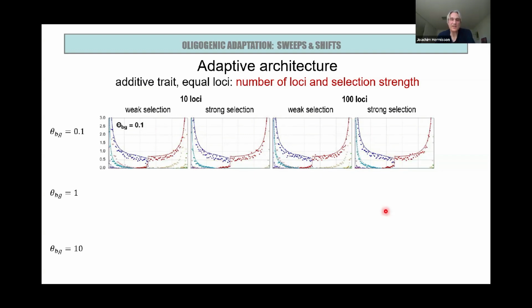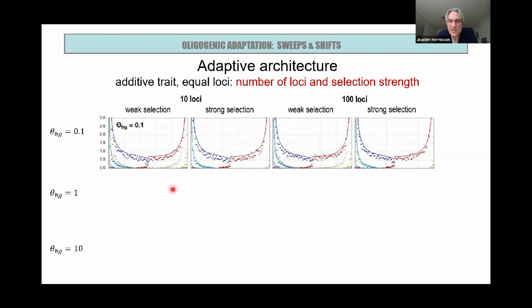We always get, in this case, one major locus that often fixes but carries the main weight. Remember, this is adaptation only over a single step. If this one fixes, then this one does the job alone. There's a second one and a third one that is also visible, but they contribute very little.